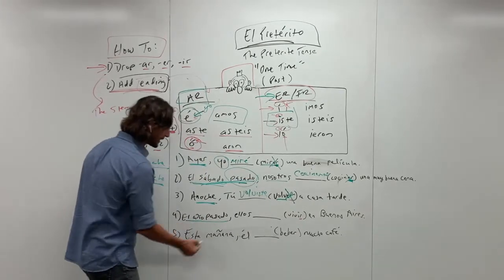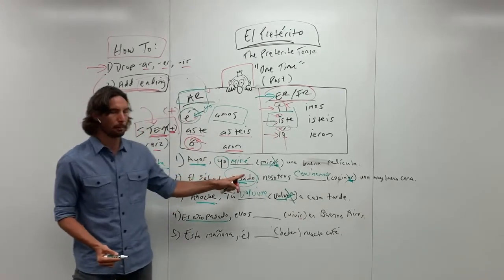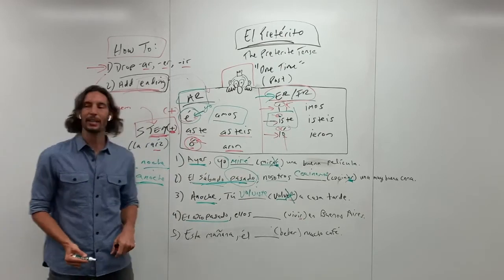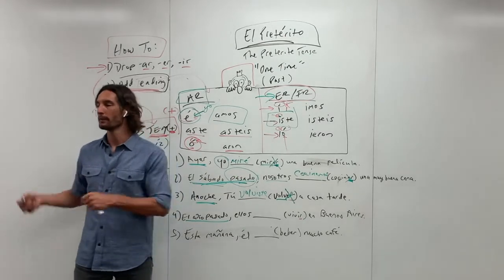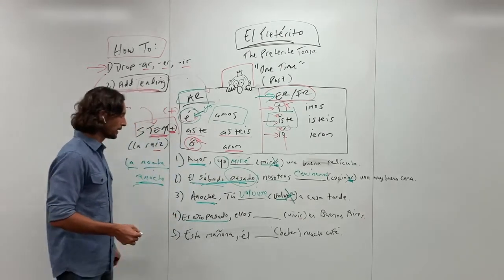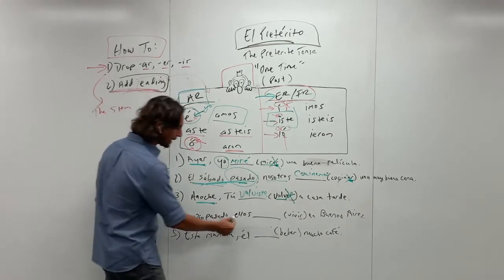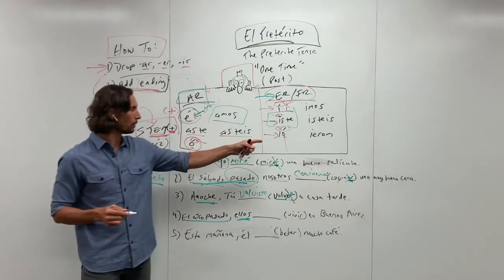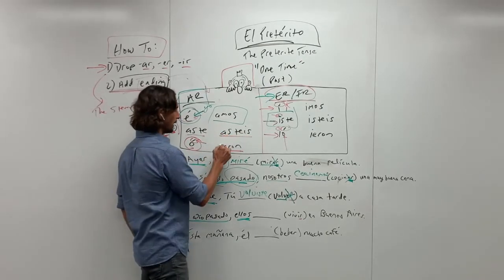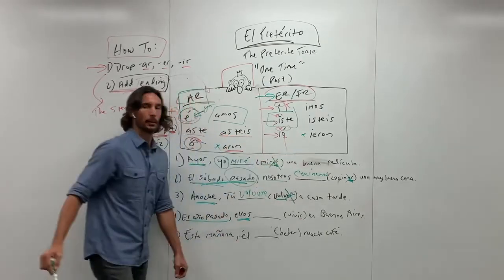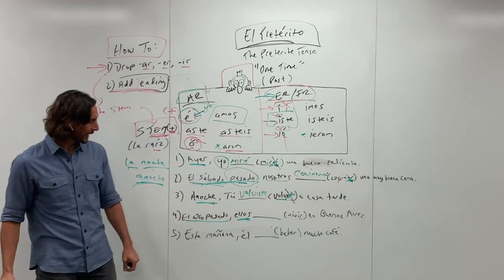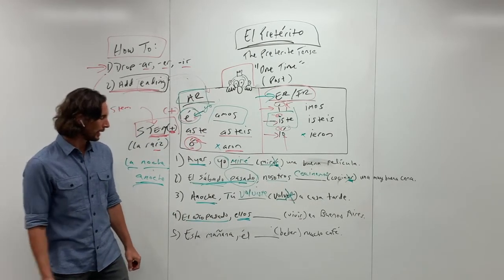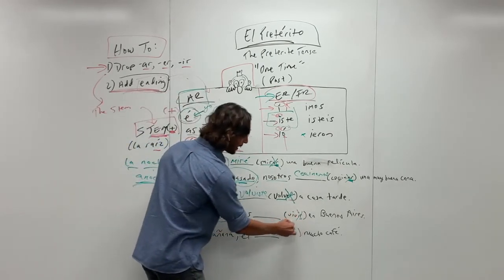El año pasado. So here was el sábado pasado. Now we've got el año pasado. So that's last year. Of course, that's in the past, right? And so we have el año pasado, ellos, right? This is our subject, ellos, third person plural, right? That's right here and right here. That's third person plural. El año pasado, ellos, and then we want to drop the IR, right?